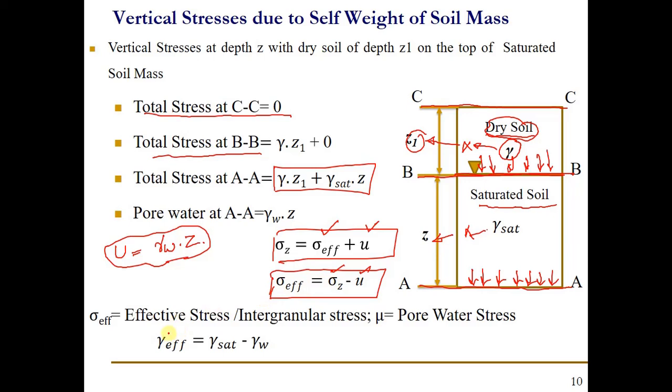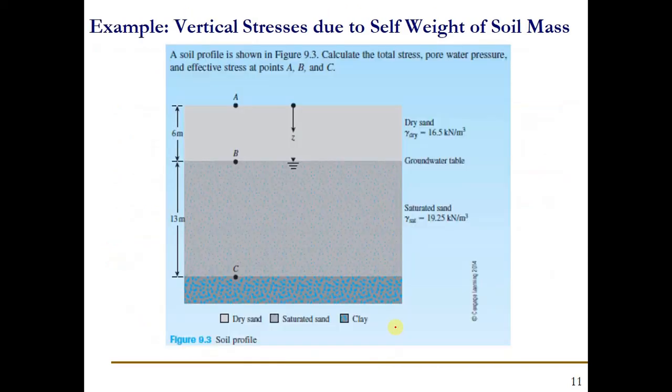We can also use the effective unit weight by subtracting the unit weight of water, which is equal to 9.81 kilonewton per cubic meter.